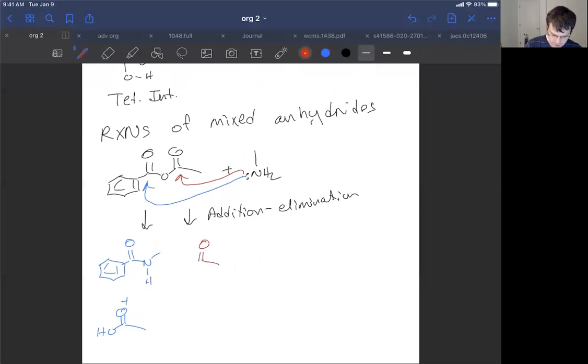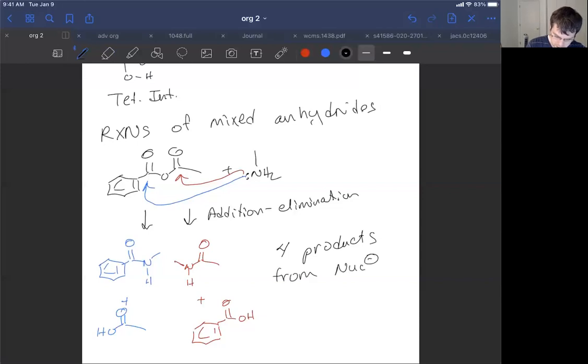Or we could have the nitrogen adding to the opposite side to give us this species, plus this carboxylic acid or carboxylate. Okay, so the point here is 4 products form from nucleophile addition to either carbonyl. So nucleophile addition to either carbonyl results in multiple products.